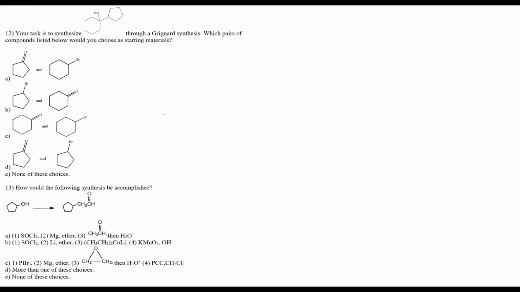For number 12, we have to make this compound through a synthesis reaction using Grignard reagents. It's actually not that bad, and here's how I do it. Notice that we have an alcohol on the cyclohexane.